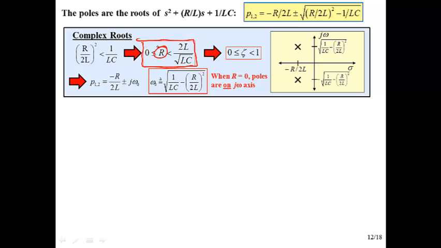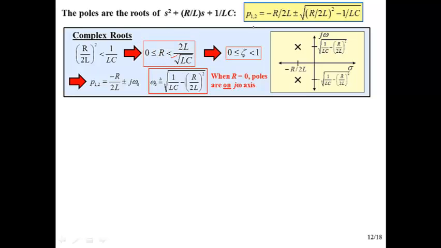So when our resistance is really small, so a low resistance is going to cause us to have complex roots. And in fact, if we could make the resistance 0, which in practice we can't because the wires will have some resistance, the inductor itself has some resistance, a real-world capacitance has some resistance, so we can't really do that.